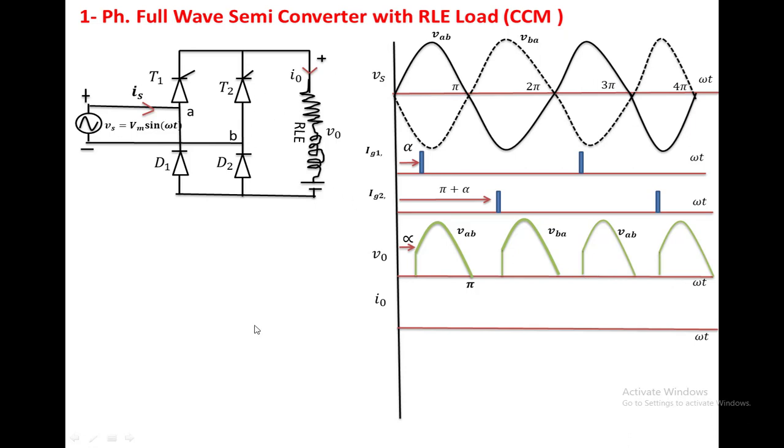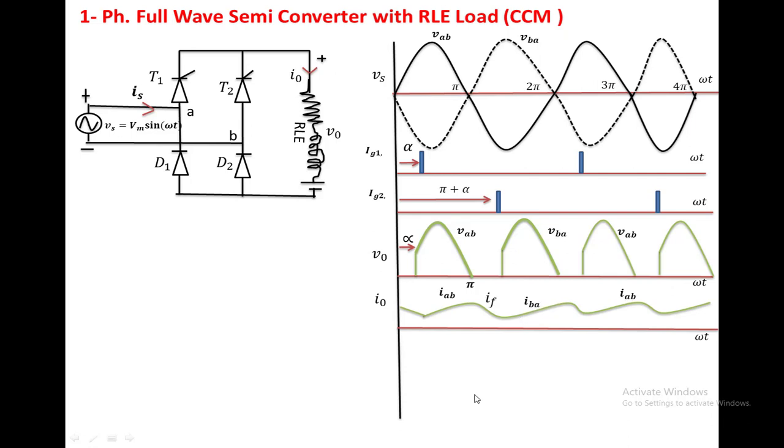In a semi-converter, even if you are not keeping any freewheeling diode, freewheeling action takes place within the circuit. Here we have taken continuous load current. So the current increases to the maximum value and decreases to the minimum value when the load voltage is 0.